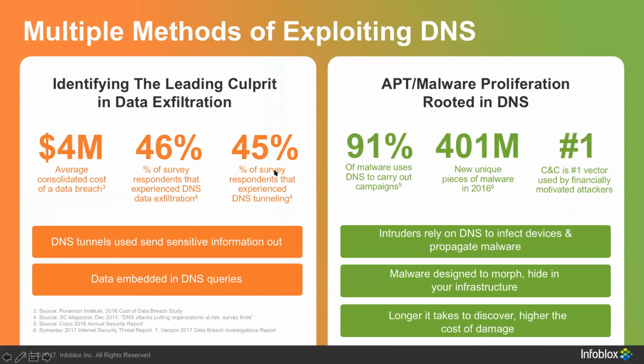So first, there are many methods out there that the bad actors use in exploiting DNS. We won't have a chance to cover all of them on this short demo series, but on the screen here, you can see some of the information that we've gathered from various surveys around how DNS is used as a common way to exploit your networks and do data exfiltration, including things like DNS tunneling, overloading DNS queries and embedding confidential information in DNS queries and streaming that out of your network.